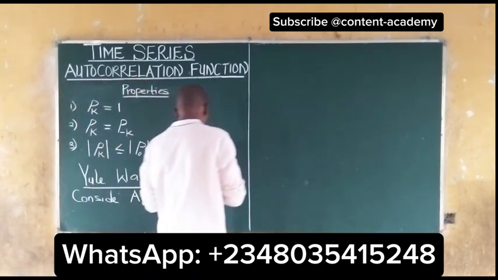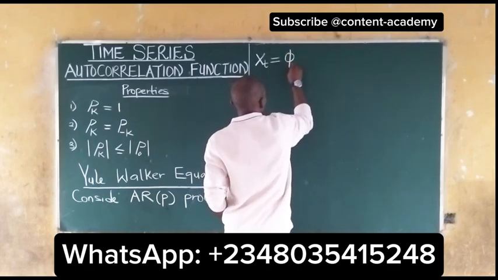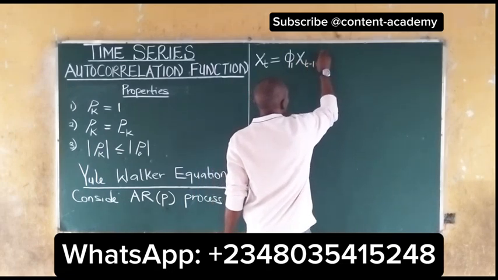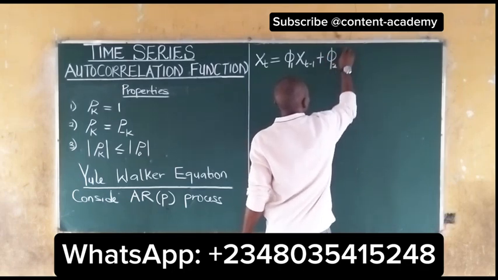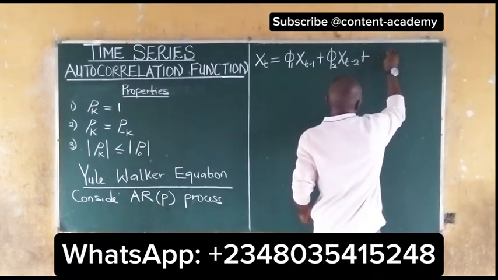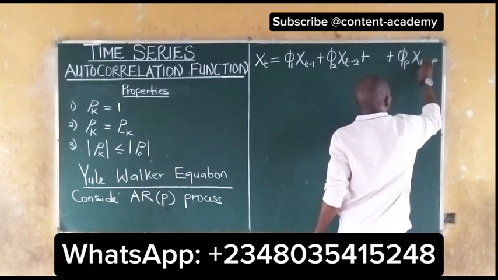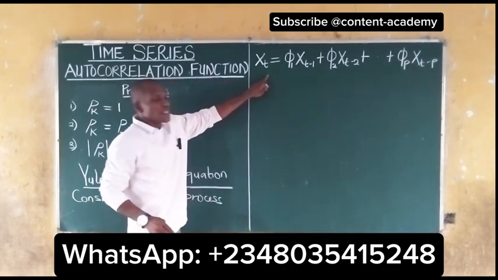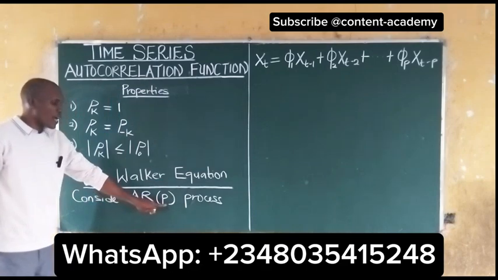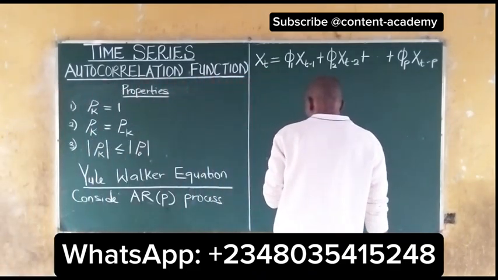This process can be written as xt equal to phi1 x t minus 1 plus phi2 x t minus 2 plus, it continues like that, phi p x t minus p. So we can write this as our autoregressive model of order p. This is what we get from the model.